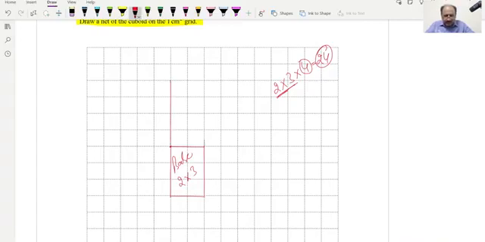This will be a side, one side. So 4 by 2.